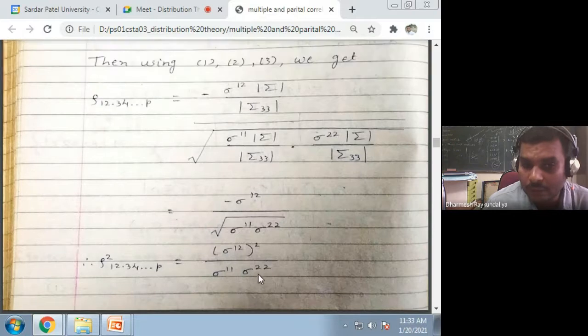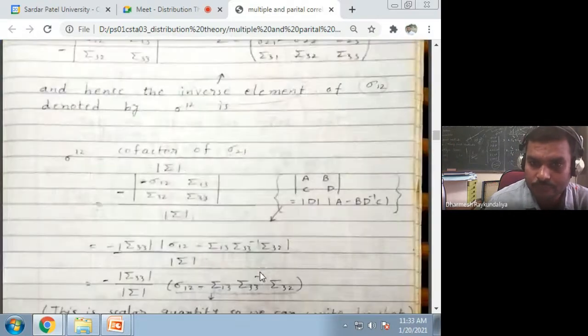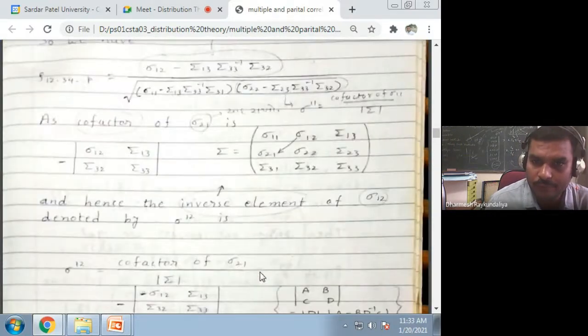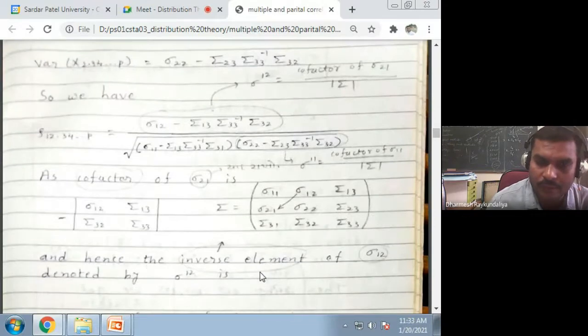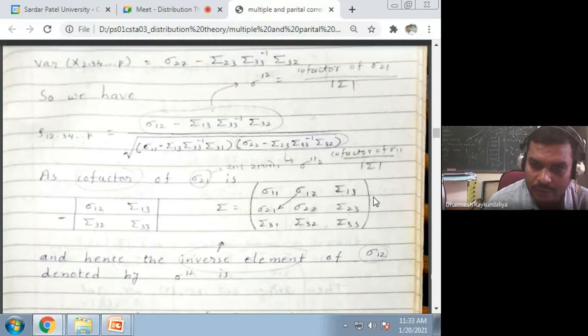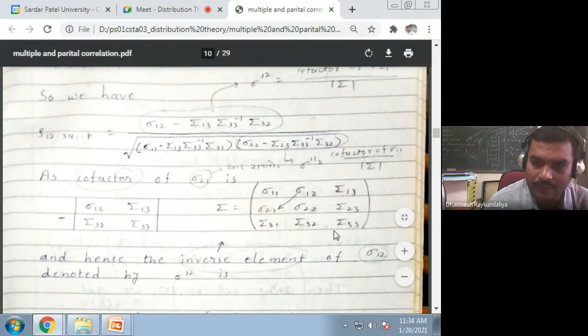The other way to find the partial correlation between x1 and x2 when the others are held fixed is to find the regular inverse of this 3 by 3 matrix and use the quantities in the inverse at the positions called sigma 1 2.